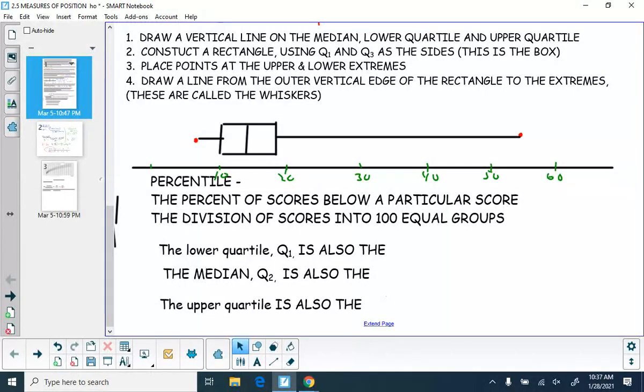If you score in the 75th percentile, that means 75% of the scores were below you. That's pretty good. If you scored in the 90th percentile, that means 90% of the scores are below yours. That's really good. If you score in the 10th percentile, that means only 10% of the scores were below yours. Not too good.